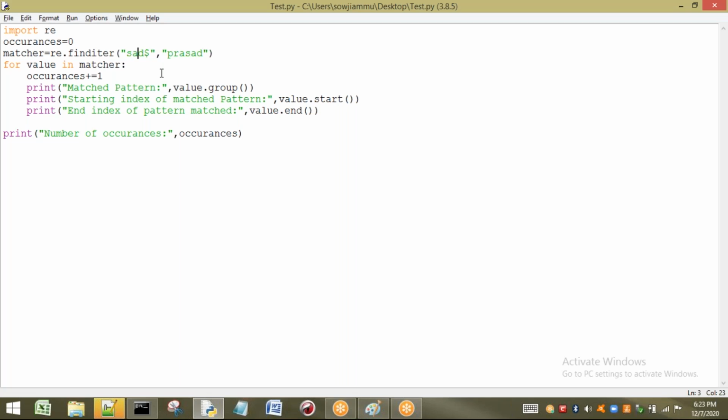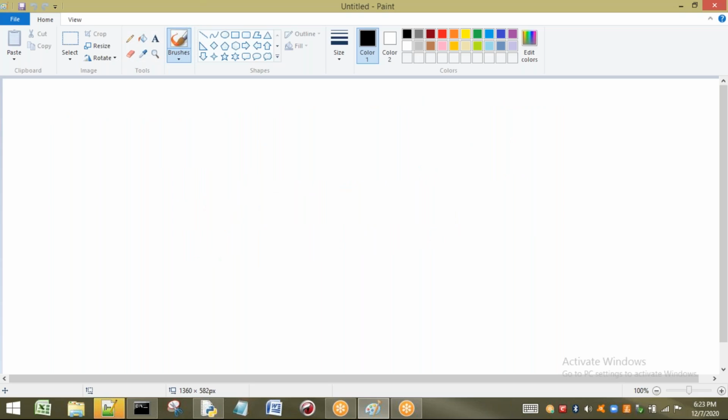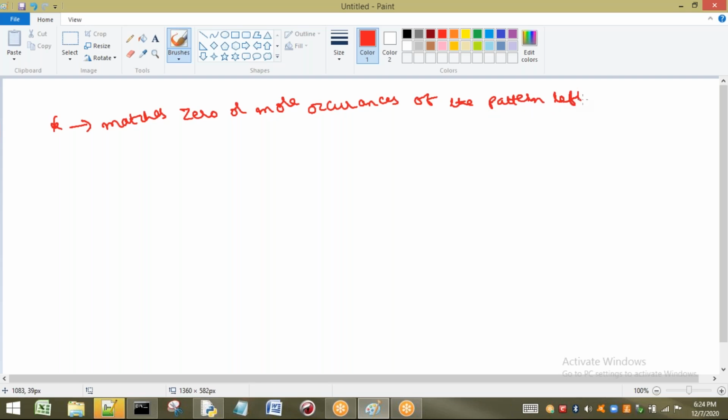Okay, right. Next meta character I want to show you is the star symbol. Before going to an example, I will give a brief introduction about the star. So this is a star symbol. What is the use of this one? Observe carefully. It matches 0 or more occurrences of the pattern left to it.